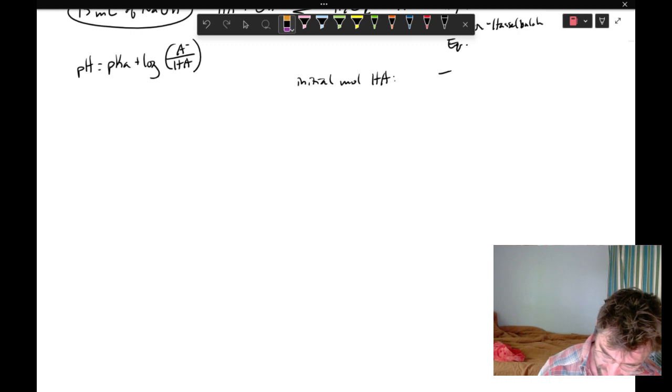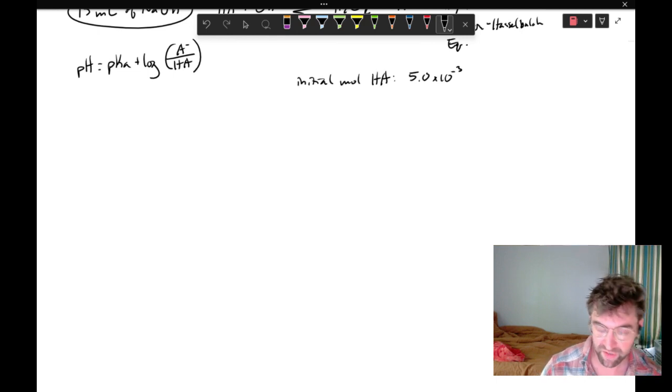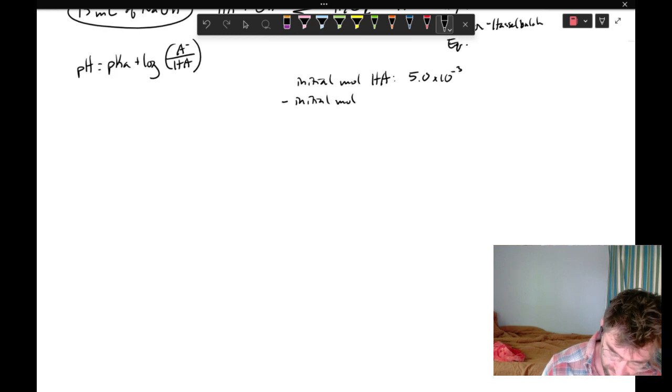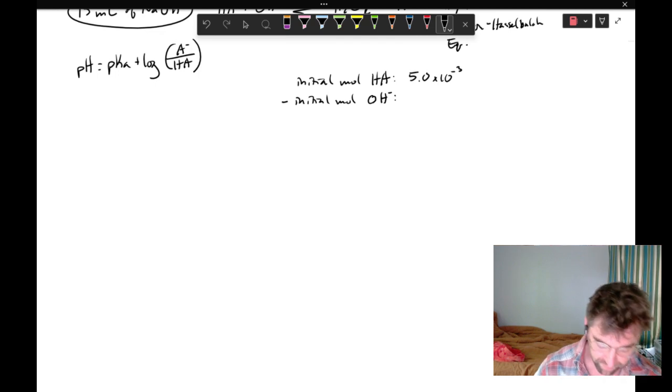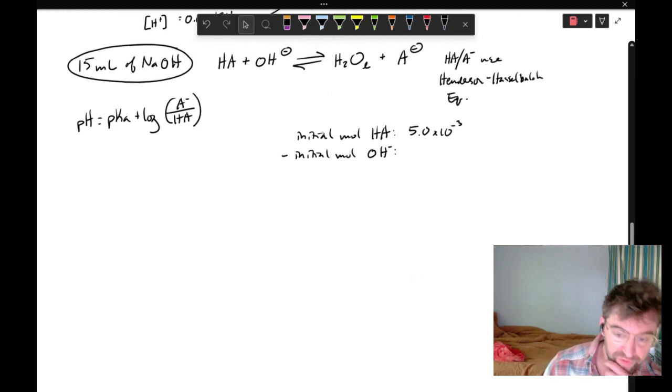We're going to do that as scientific notation. 5 times 10 to the negative 3 minus the initial moles of hydroxide. So we're given 15 milliliters.